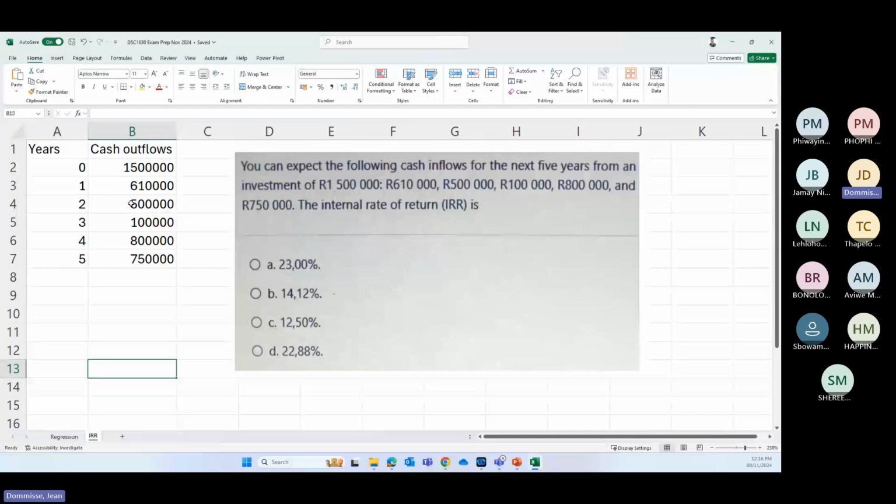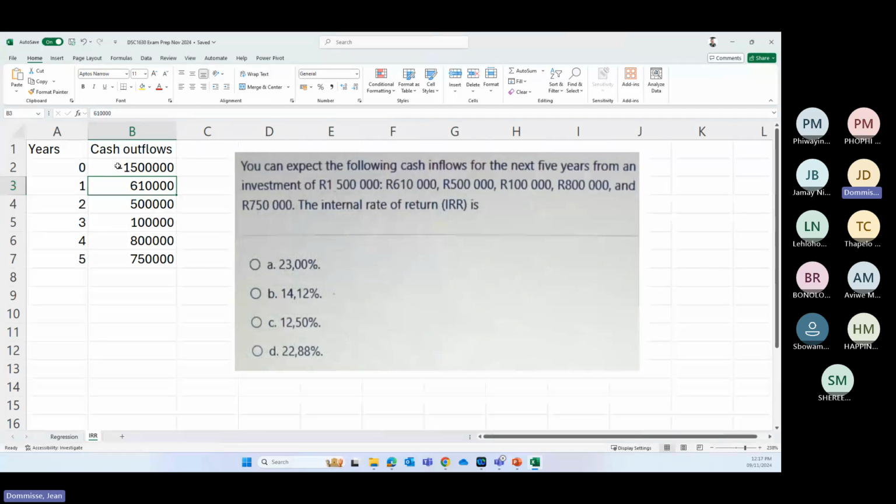You can put it in. For the Sharp, you basically put it in as data points. So 1.5 million, sorry, that's your initial outlay, so that needs to be negative. If you have a Sharp, it will be minus 1.5 million data, 610 data, and so forth.